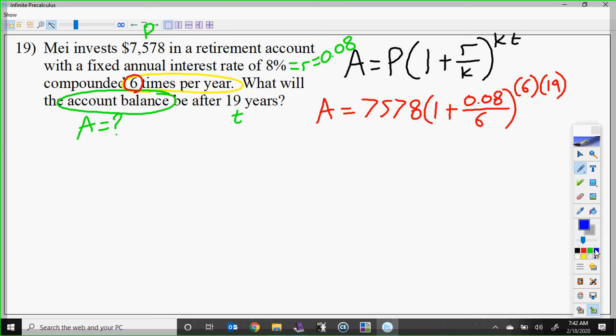All right, and so again, our variable is already solved for. We got A by itself, so I can just plug this in my calculator again. So 7578, 1 plus, hit the fraction button.